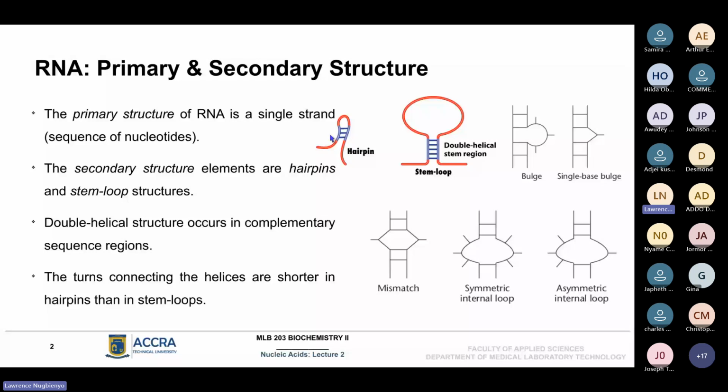Now, when you look at this structure, it looks just like the hairpin that the ladies use to hold their hair. That's why it's being called a hairpin structure.